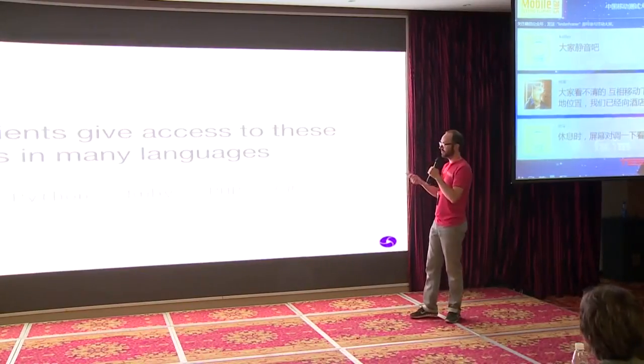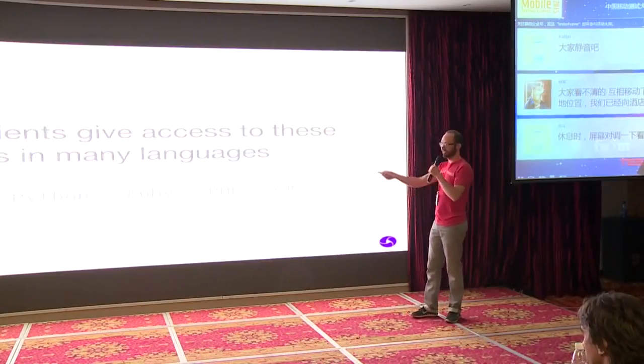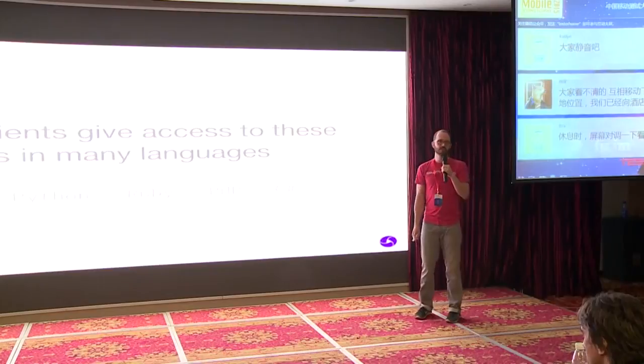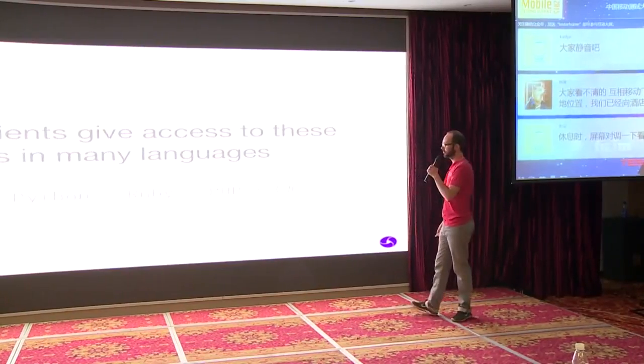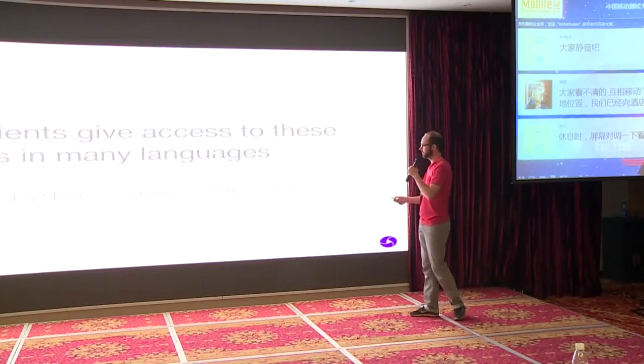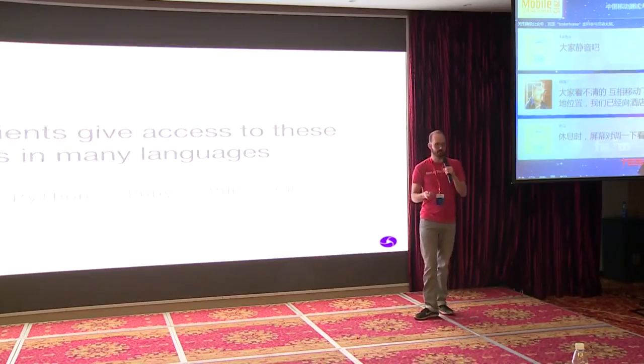We can write one in Java, JavaScript, Python, whatever. And this list here is a list of all of the clients that we currently have for Appium: Java, JavaScript, Python, Ruby, PHP, C#, Objective-C, and even Perl.